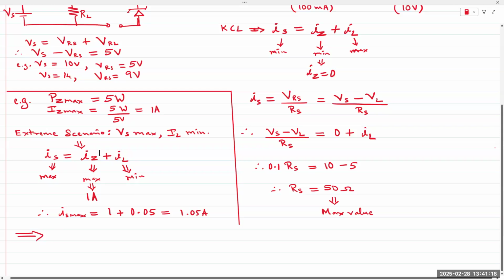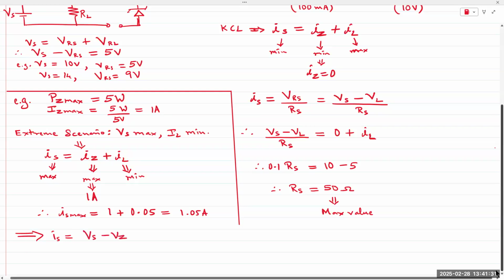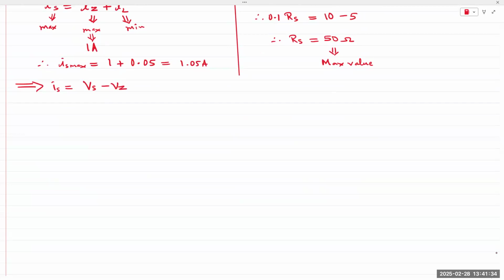Now IS is (VS minus VZ) over RS. Therefore, calculate RS for these values. What do we get?